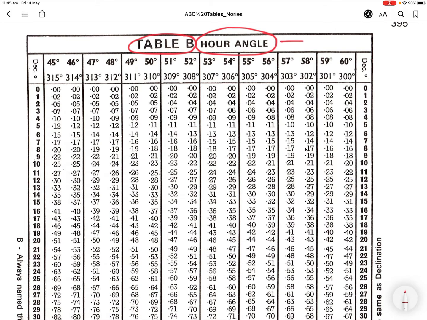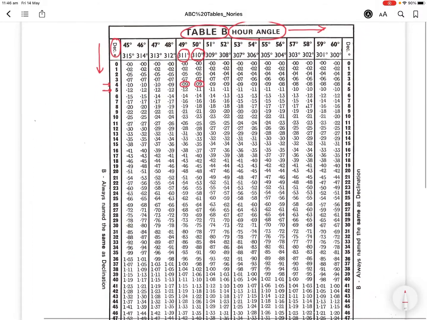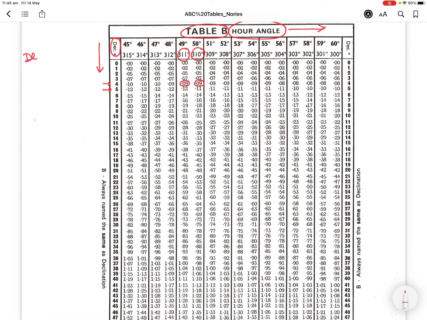So going horizontally, you have the LHA, which is again 310 degrees 11.3, and you can carry out the same interpolation, but this time going vertically down is not latitude but declination, and your declination was 4 degrees 45.3 minutes. So you have to interpolate between 4 and 5 degrees for these values here. This is 0.09 in both the cases.